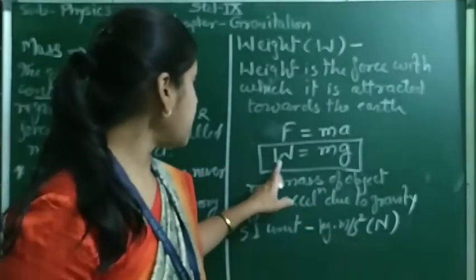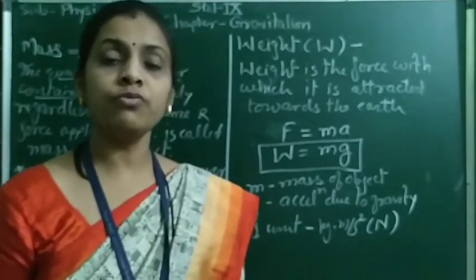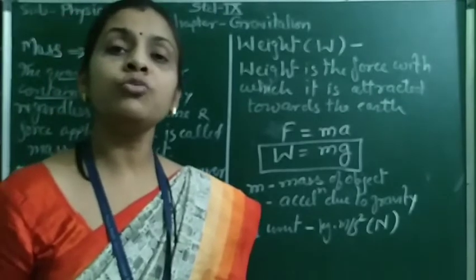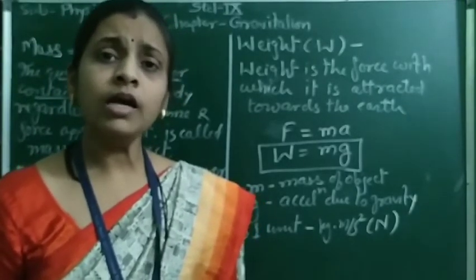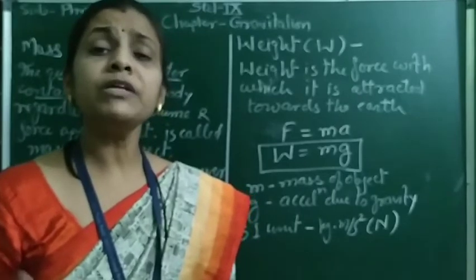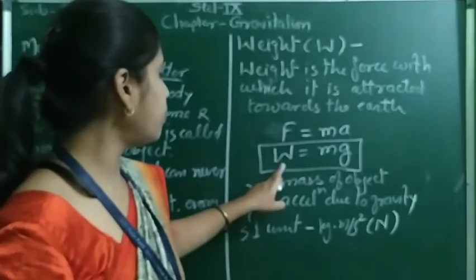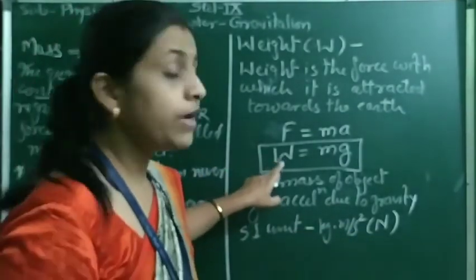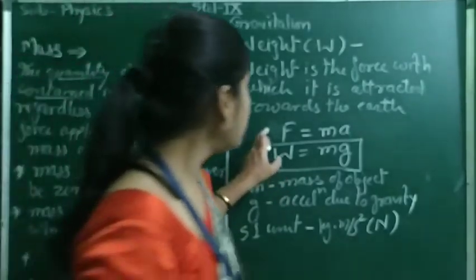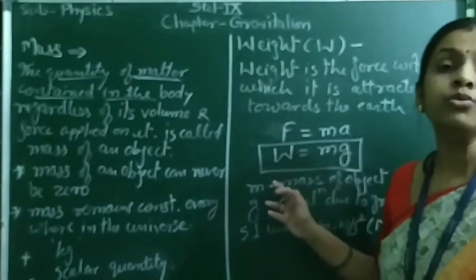When we go to a grocery shop or measure our weight, it is in kg, which is nothing but the commercial unit that we use, but the actual SI unit for weight is Newton. Why is it Newton? Because weight of an object is nothing but the force due to gravity.